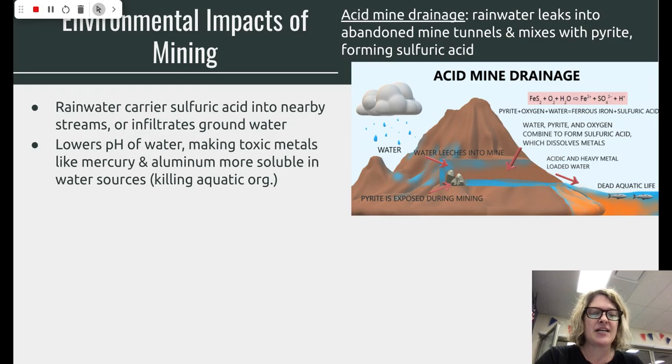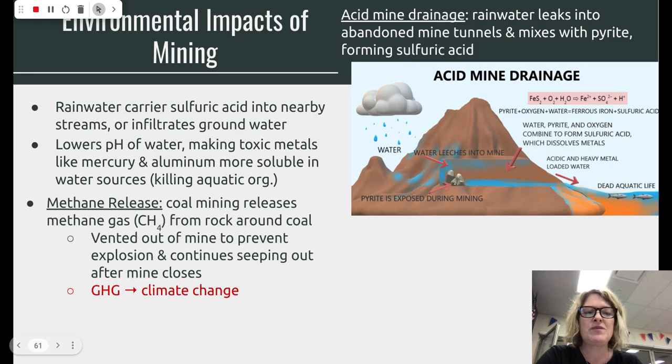That sulfuric acid lowers the pH of water, which makes toxic metals like mercury and aluminum potentially more available to get into our drinking water or even into aquatic organisms' habitats, which is very dangerous for food webs. It can also be dangerous for us if it gets in our drinking water.